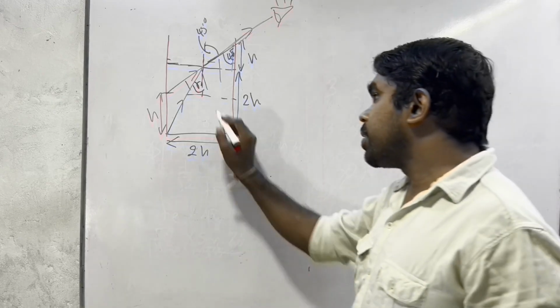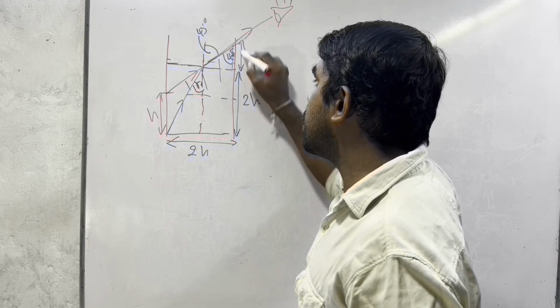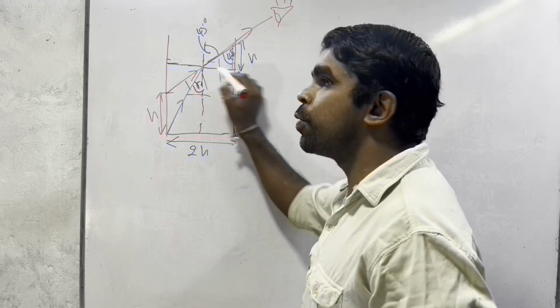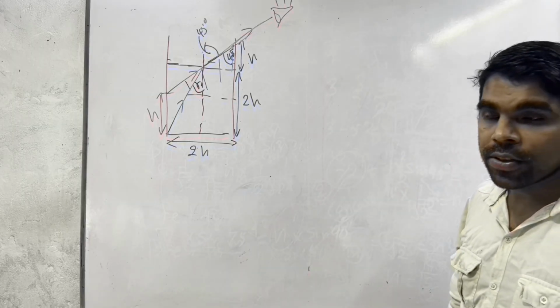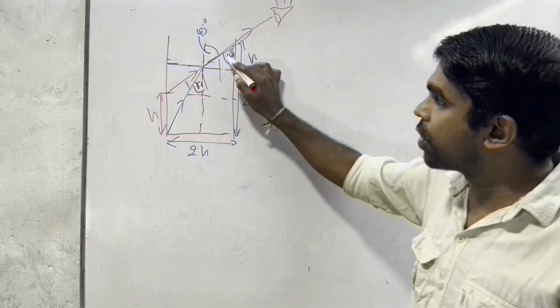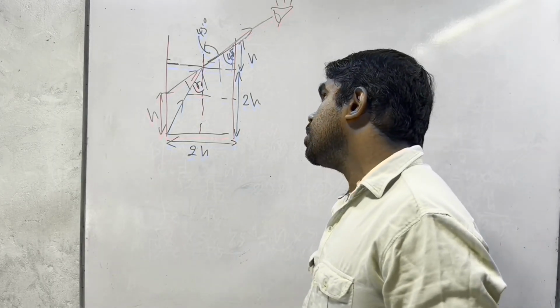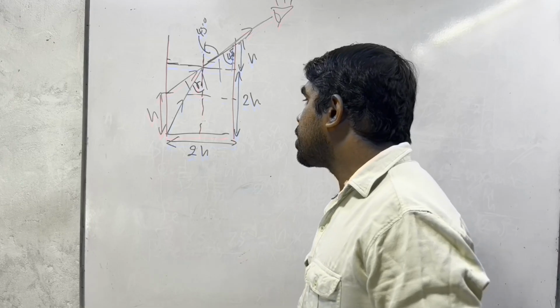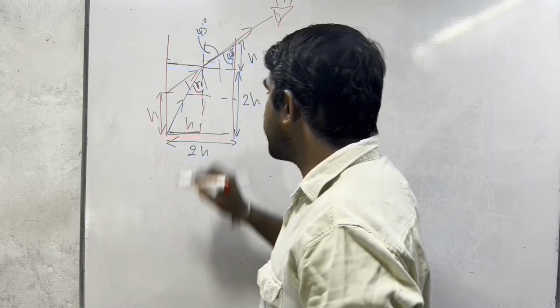Then we can get this angle is 45, therefore if this height is h, this height also should be h. It is an isosceles right angle triangle. Then this distance is h, this height is 2h.